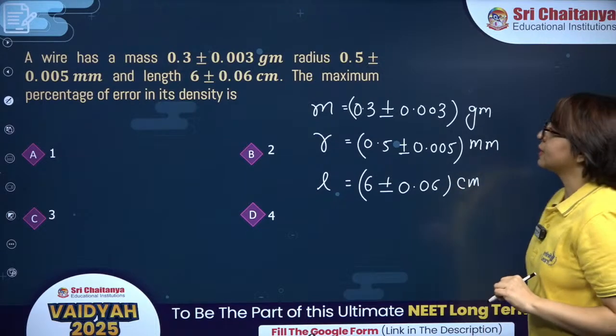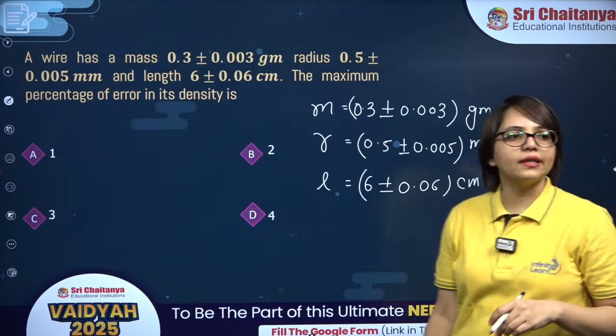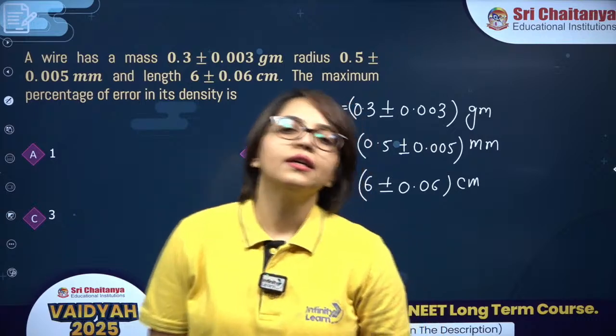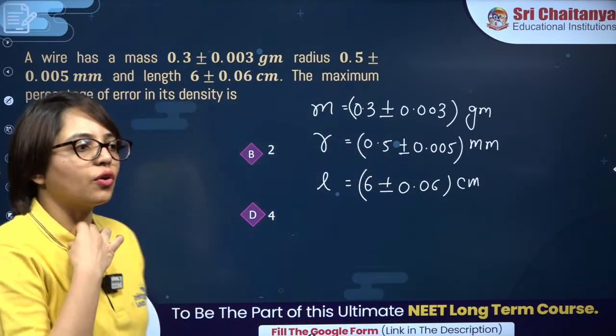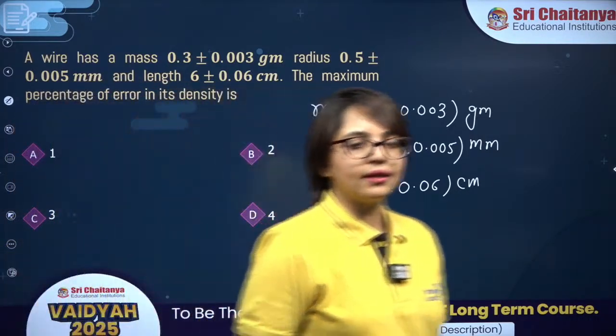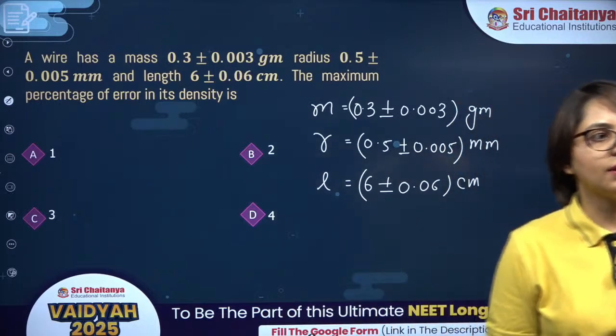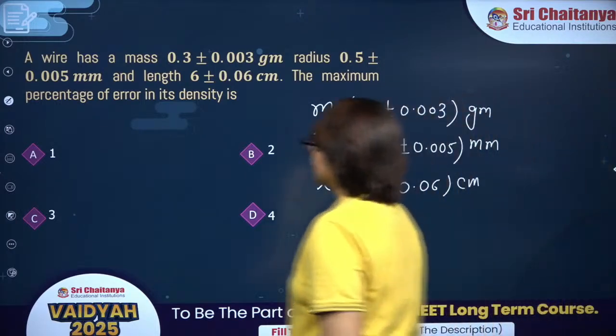The maximum percentage of error in its density is, you have to find the maximum percentage of error in the density of the wire. Try this one, everyone.